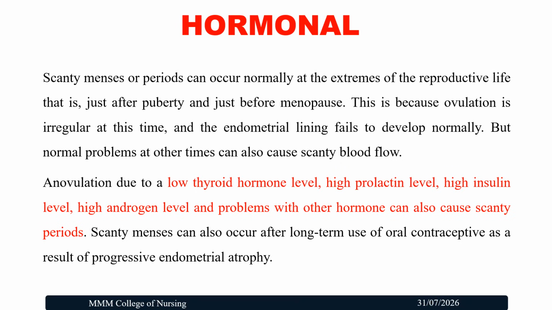Anovulation due to low thyroid hormone level, high prolactin level, high insulin level, high androgen level, and problems with other hormones can also cause scanty periods. Scanty menses can also occur after long-term use of oral contraceptives as a result of progressive endometrial atrophy.